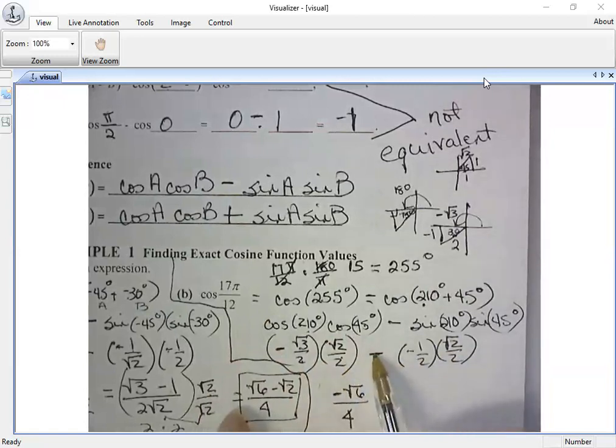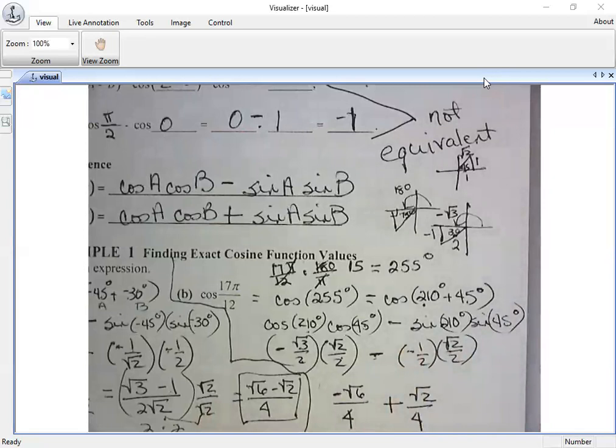Okay, and then I have a minus times a negative times a positive. What's that going to turn into? A plus. Because a negative times a negative gives me a positive. And now if I multiply this, I get square root of 2 over 4. And my denominator is already the same.